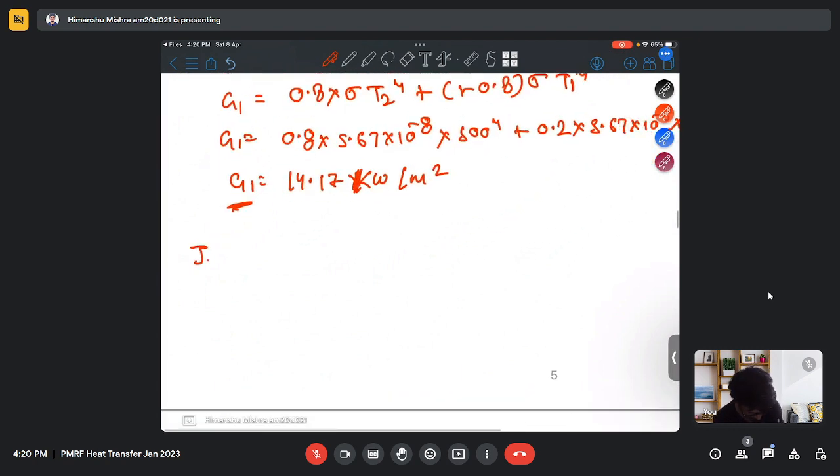So since my lower plate is not a black body, there will be emission, and there will be a reflectivity.